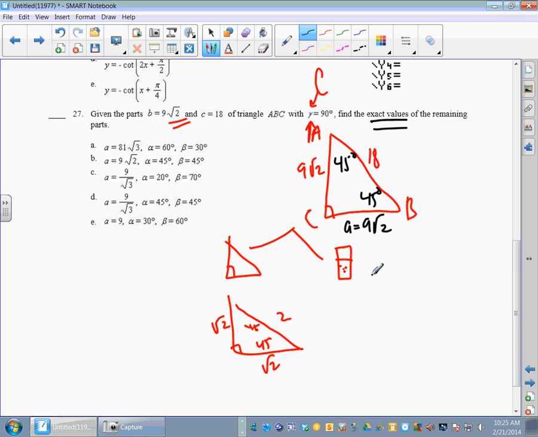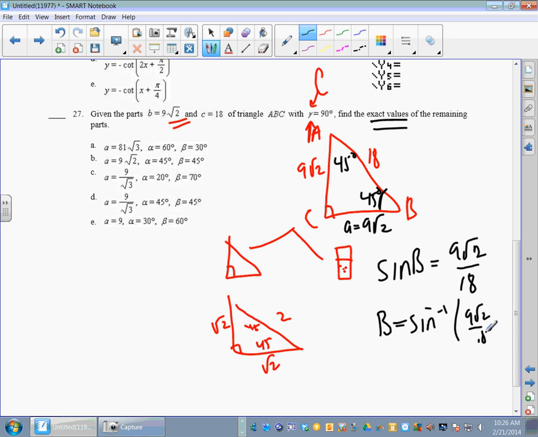The other way of doing it on the calculator is, if you're looking for B or A, it doesn't matter, you take the sine of B equals 9 root 2 over 18. And when you punch in the inverse sine of 9 root 2 over 18, you get 45 degrees, as long as you're in degree mode.